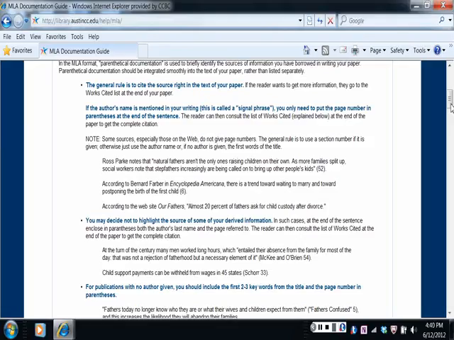As it says here on the document in front of you, if the author's last name is mentioned in your writing, this is called a signal phrase. You only need to put the page number in the parentheses at the end of the sentence. What does that mean? Let's say you say, according to Cole, hip-hop degrades women.